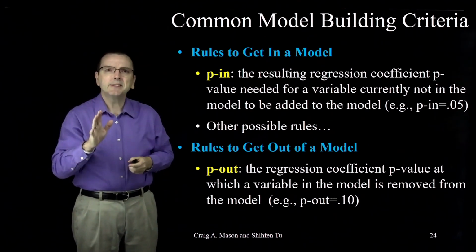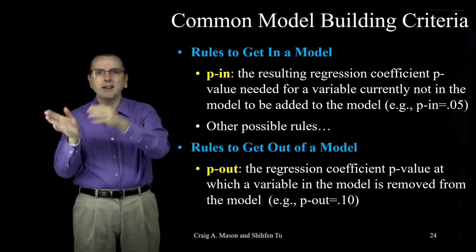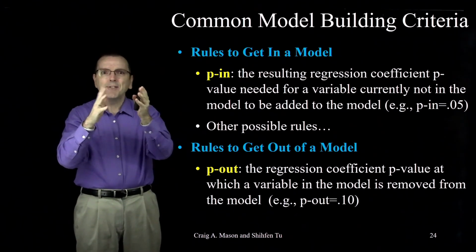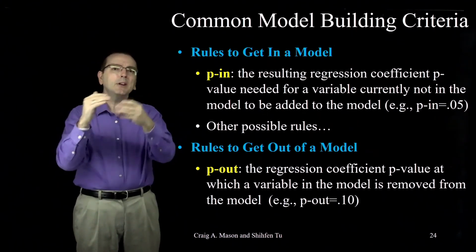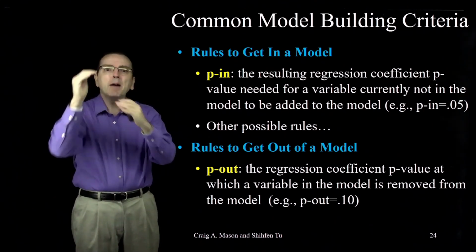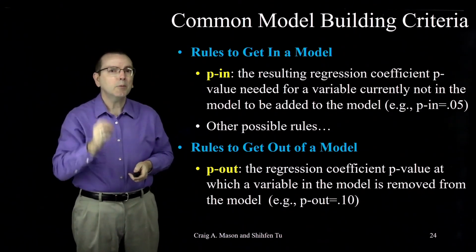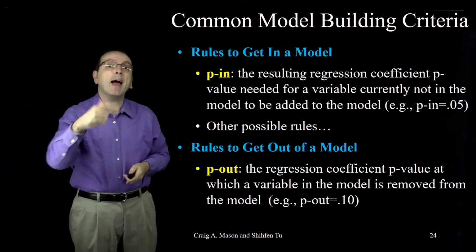The problem is that you can end up looping around with a variable going in and out and in and out of the model if the p-value is close to 0.05. By building in a gap between p in and p out, it gives us a buffer against that happening. Once the variable is removed, it requires more than just a small change in order to get back into the model.